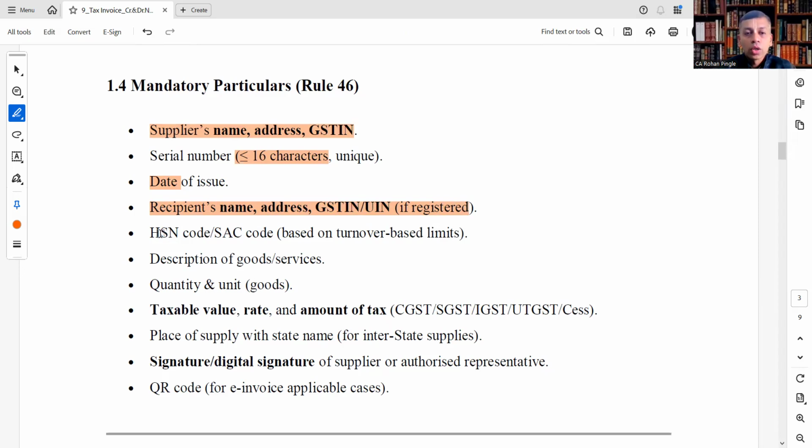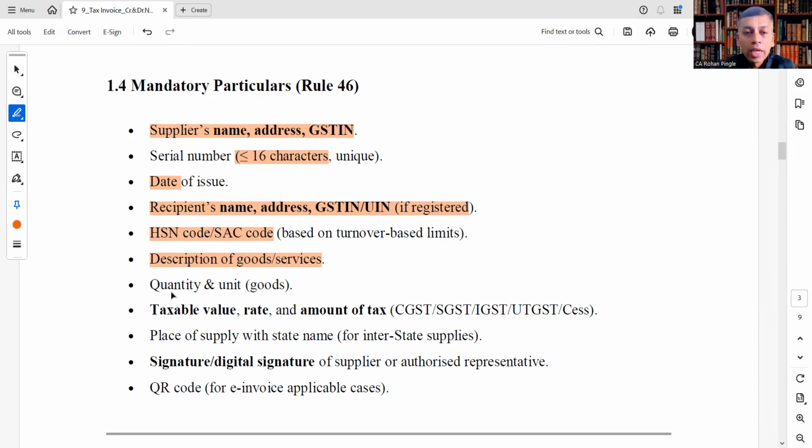Then HSN code or SAC code based on turnover limits, means 2 digit, 4 digit, 6 digit, or 8 digit. Okay. Then description of the goods or services is also required to be mentioned properly.